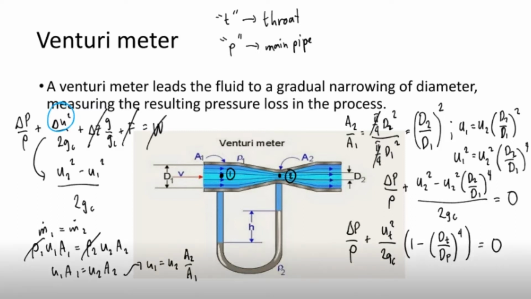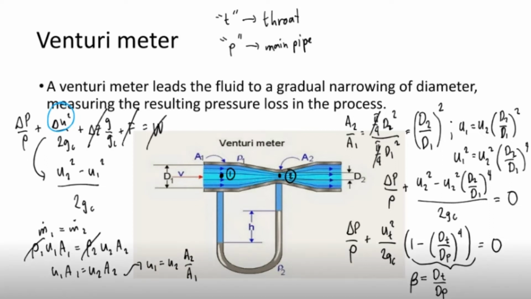To further simplify our equation, let us take a look at the term d throat over d pipe. The ratio of the diameters can actually be expressed as a single variable in order for us to save some space on our equation. So let us use the parameter beta to indicate that this is the ratio of the throat diameter over the pipe diameter. As such, this term here would become 1 minus beta to the fourth power.